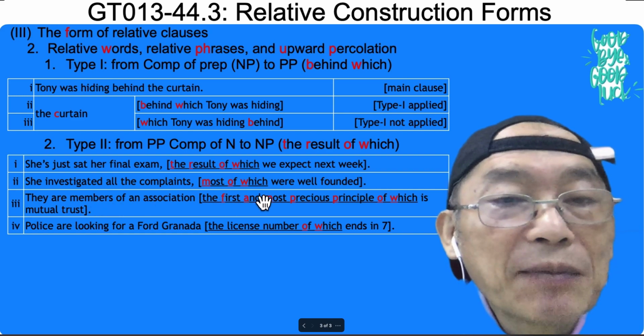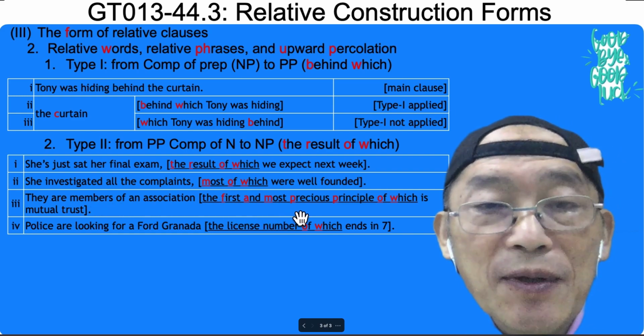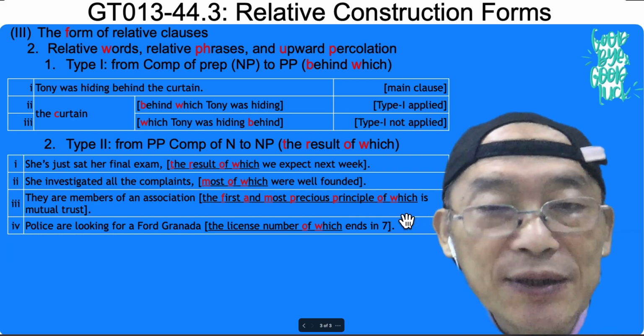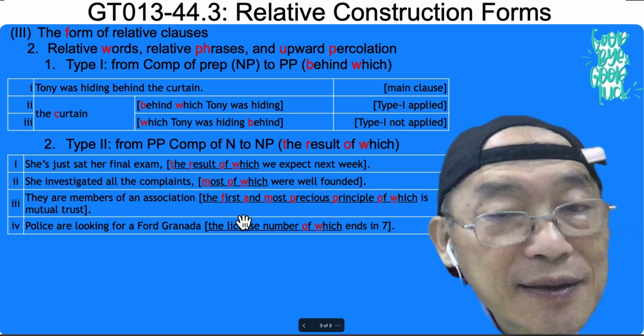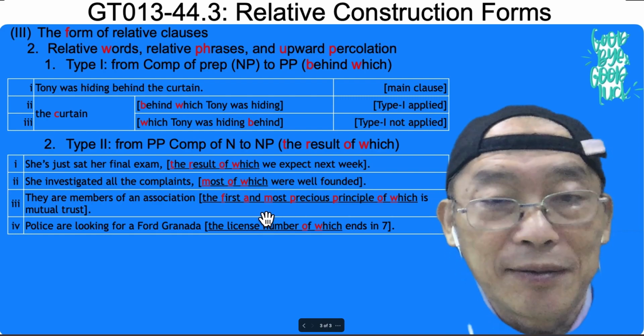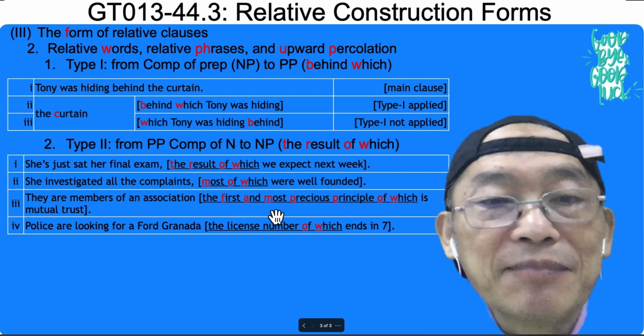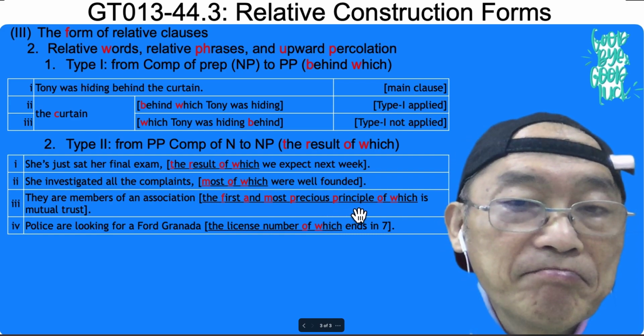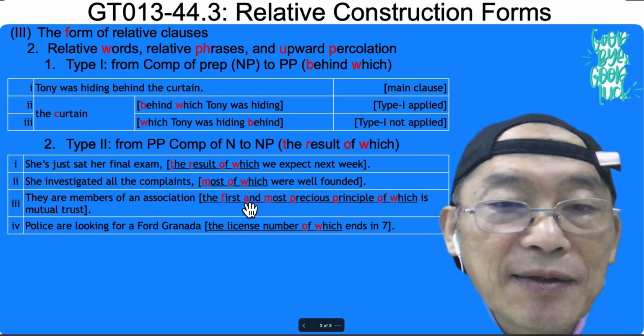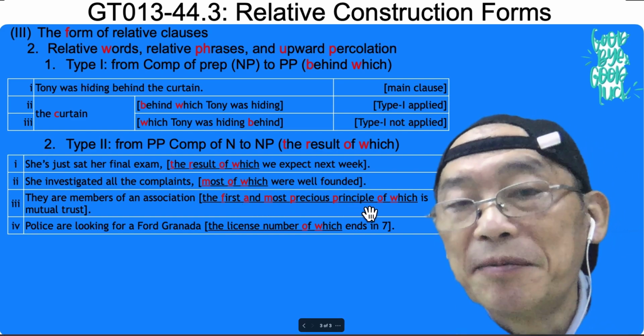Yep. Type 2. The first and most precious principle of which. Yeah, principle of which. And the adjectives are coordinated. So 2 adjectives modifying this noun. So this whole thing is a noun phrase.